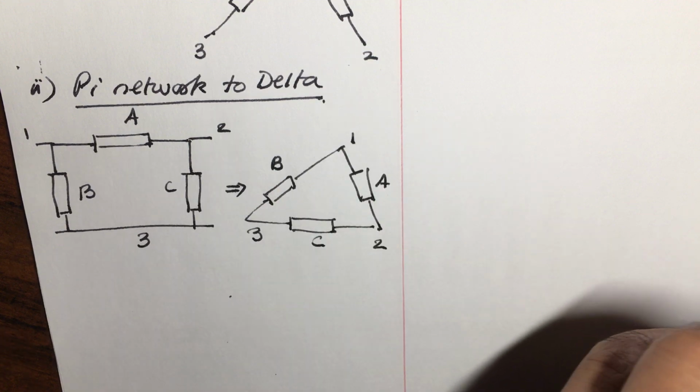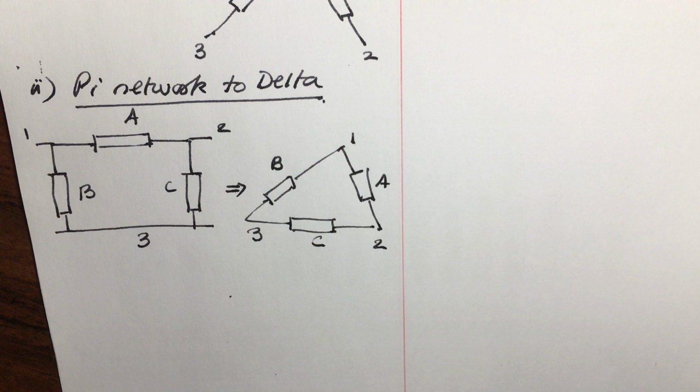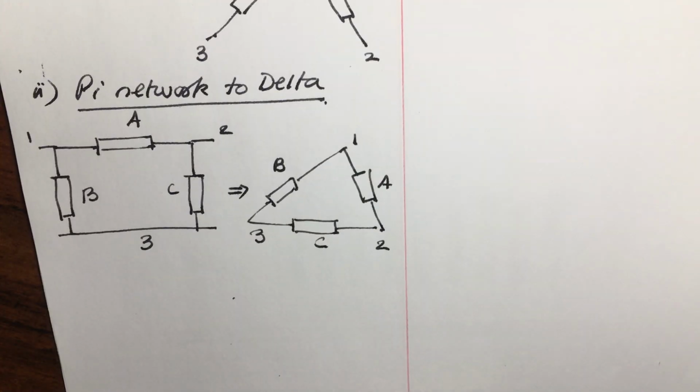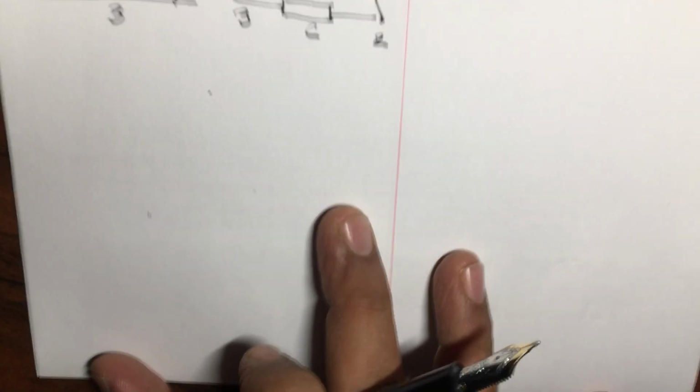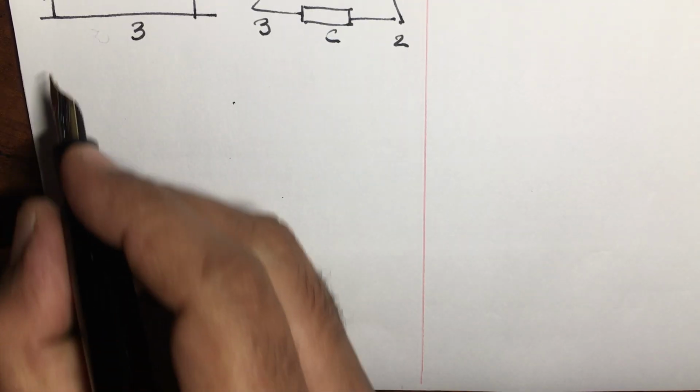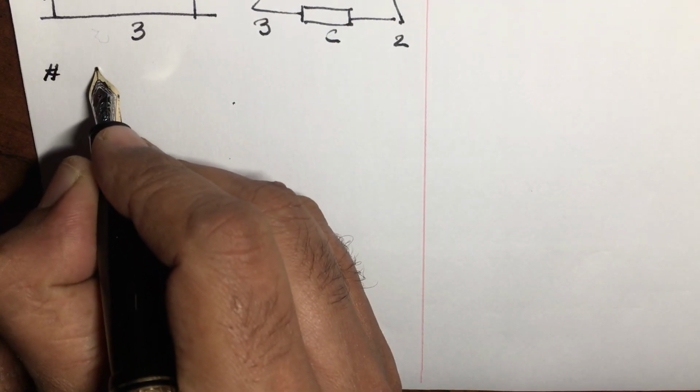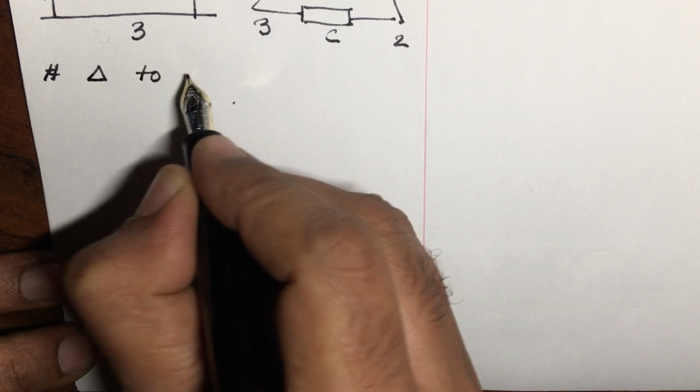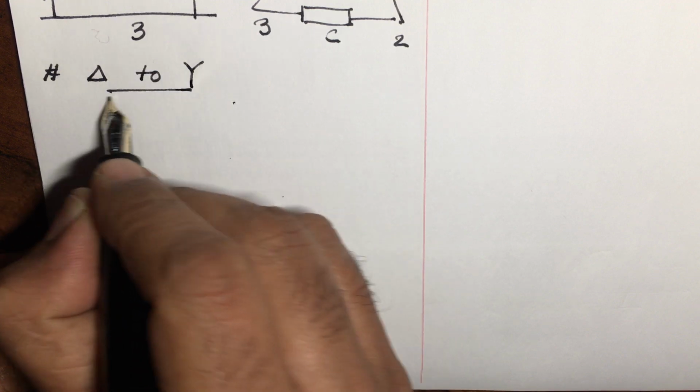We will now talk about the actual thing. That is what we really wanted to do, something known as the delta to star network. Let us see what this is. The delta to star network.